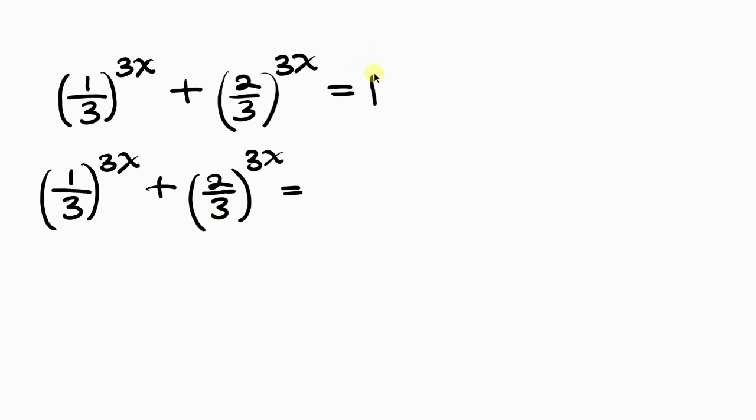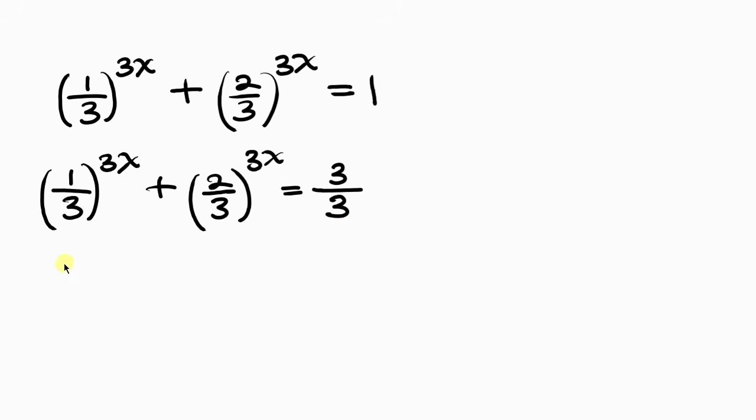So we have to make the 1 a fraction, but it must have a denominator of 3. So this can be 3 over 3. Good. When I divide 3 by 3, I'm going to be having 1. So we see that all the expressions have a common power of 3. Very good.